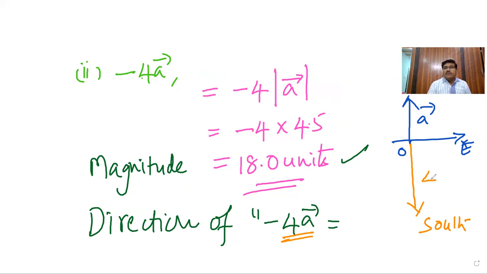Magnitude is how many times? 4 times the magnitude of A bar. So south. Since negative is showing, A bar is up, down is negative direction. Magnitude cannot be negative. That number is multiplied with modulus. Here I have shown minus only to indicate the direction. Magnitude is always positive.